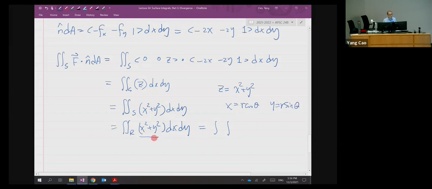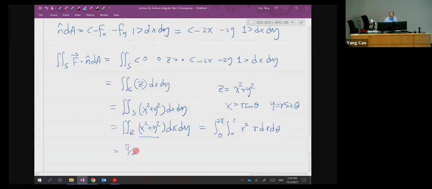Substituting into x squared plus y squared, you get r squared. And in polar coordinates, you get r dr d theta. To determine the r limits and theta limits: r is 0 to 1, theta goes 0 to 2 pi as usual for polar coordinates, and calculating the rest of this integral should be fairly straightforward. So you get pi over 2.